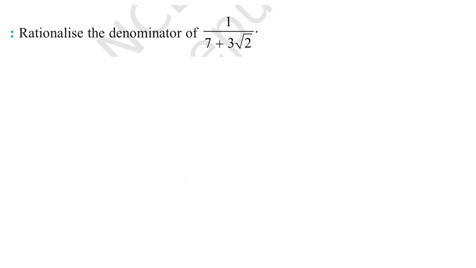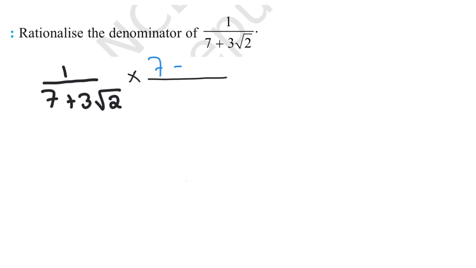Rationalize the denominator 1 over 7 plus 3 root 2. Okay, let's look at this. In order to rationalize the denominator, we will multiply and divide by 7 minus 3 root 2.